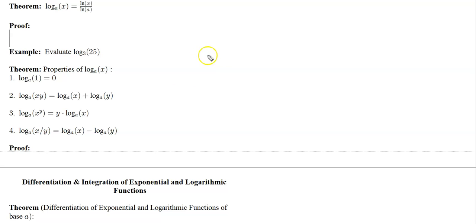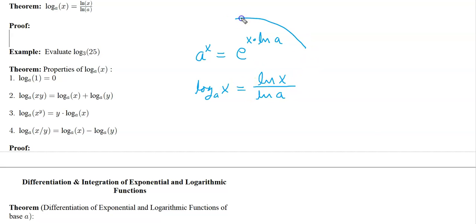So you basically need to remember these two important formulas. And so we'll be using these again. And that concludes this video.